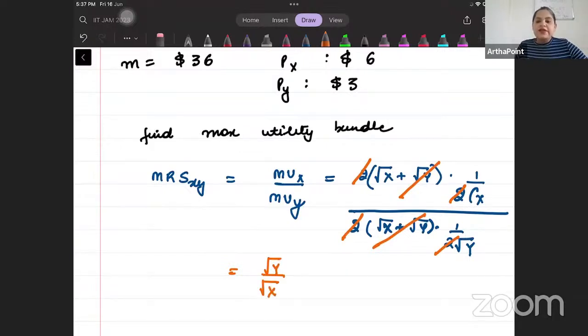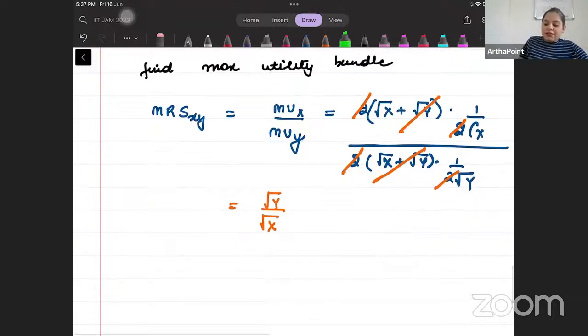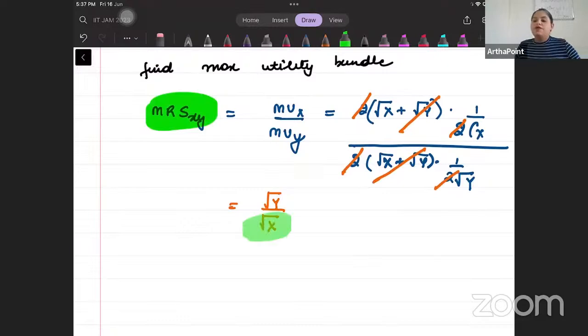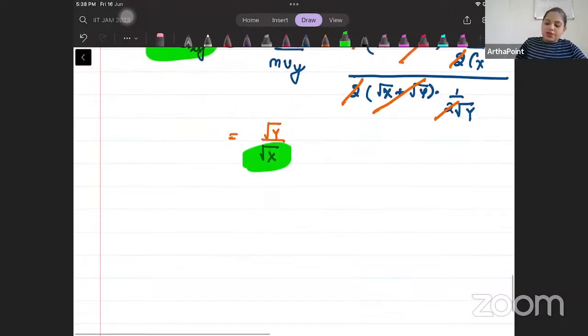But clearly we can see that MRS is negatively related to X, which means that I have convex preferences. If I have convex preferences, I can equate MRS to PX by PY, because X is coming in the denominator. So let me do that.